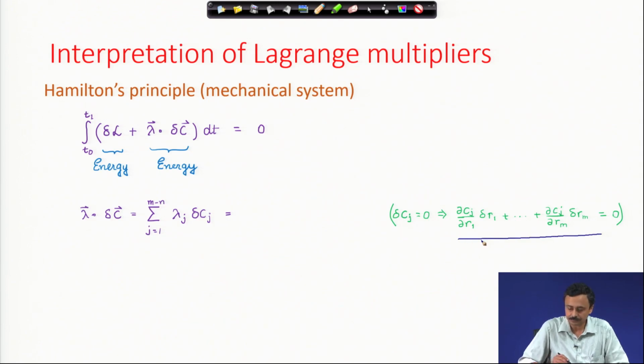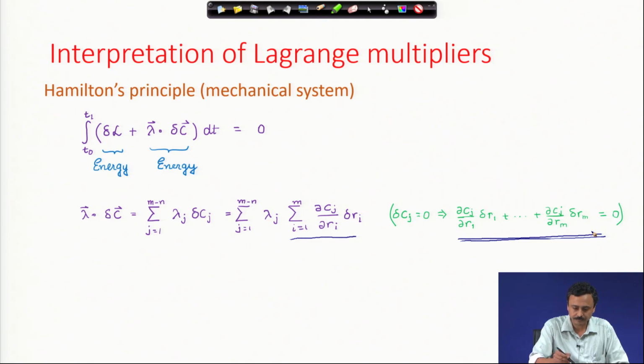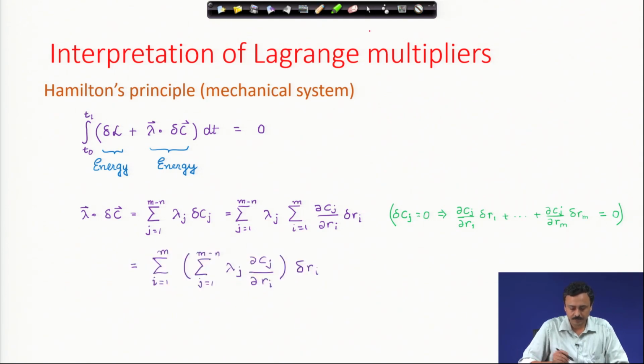I introduce this expression and write it as a summation. If I rearrange these terms, I pull out the summation over i and bring in the summation over j here.